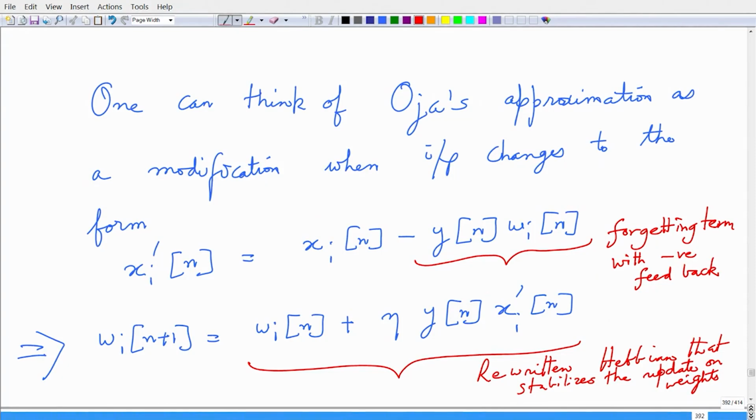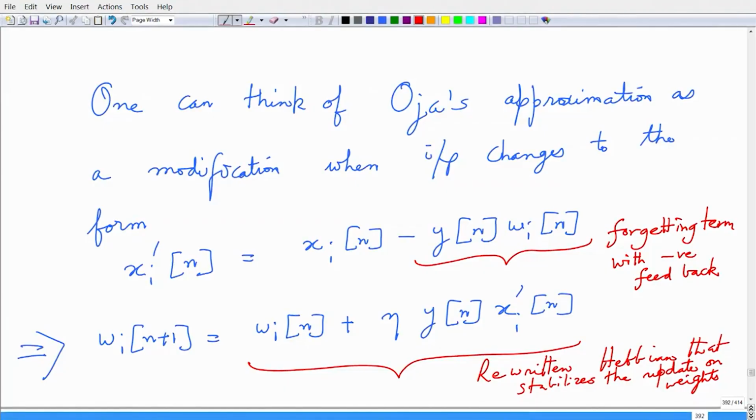So, what is happening to Oja's update? We had the original Hebbian update where my weight at time step n plus 1 is the weight at time step n plus eta times a measure of correlation between the input and the output. Now, with this simplification post normalization, it looks as if the input is modified as per a forgetting factor, right.